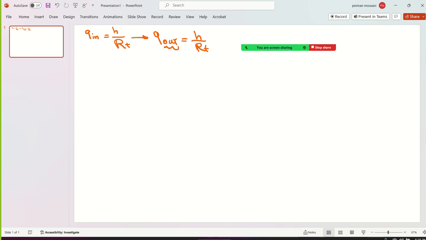The rest is correct. So, in the previous class, I showed you, as a recap of what we have done, that the RC circuit is dynamically equal to a spring and damper, right?